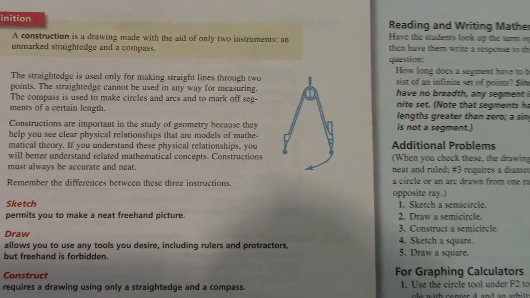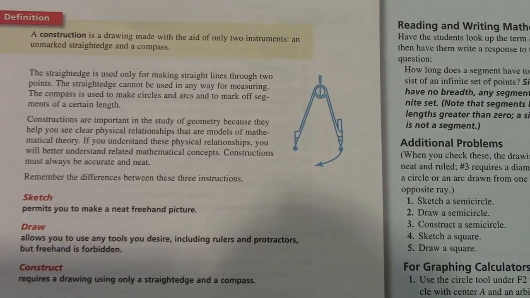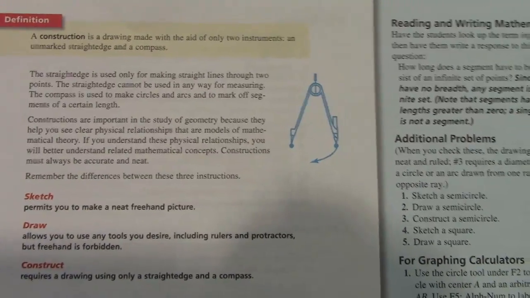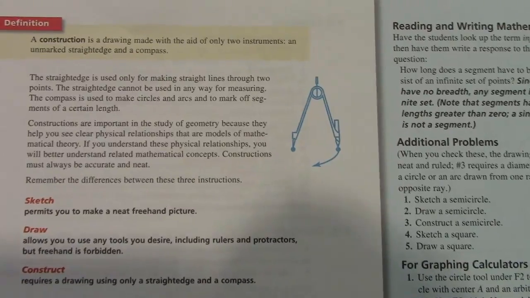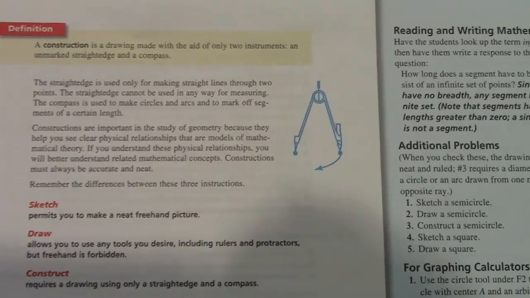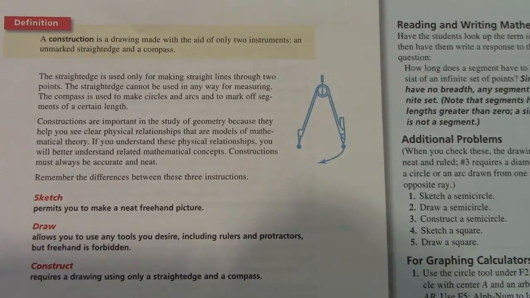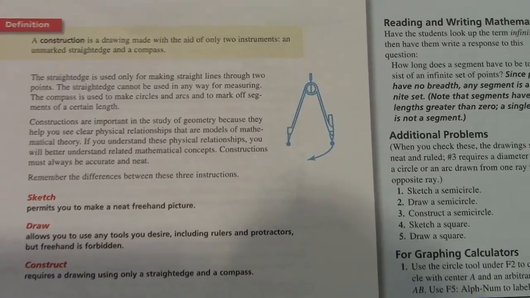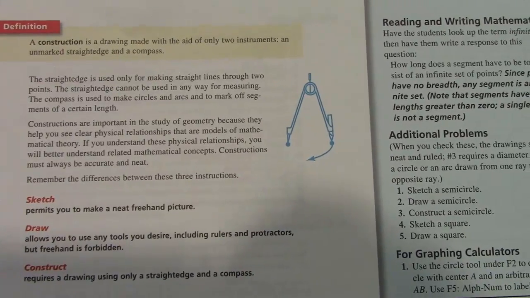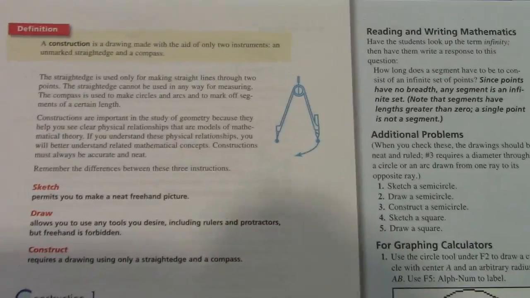And just like what happens when two lines intersect, what do they make? A point. Same thing with two arcs. When two arcs intersect, they make a single point. So you're making a series of points using your compass all over the page, and then you can mark lines through those points using your straight edge. And then you end up constructing an actual object.